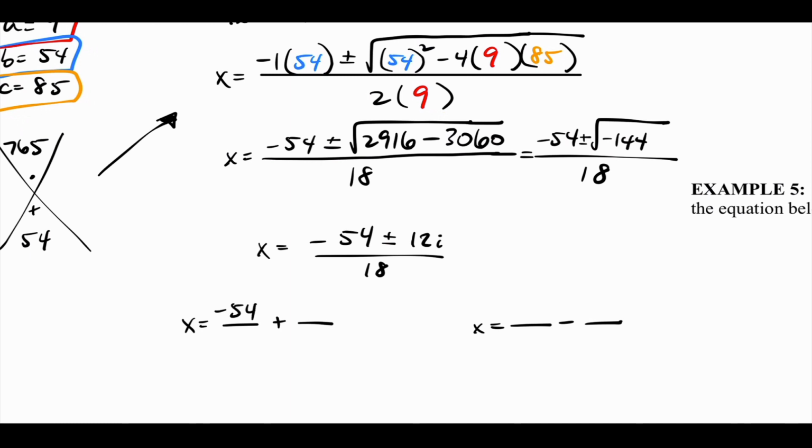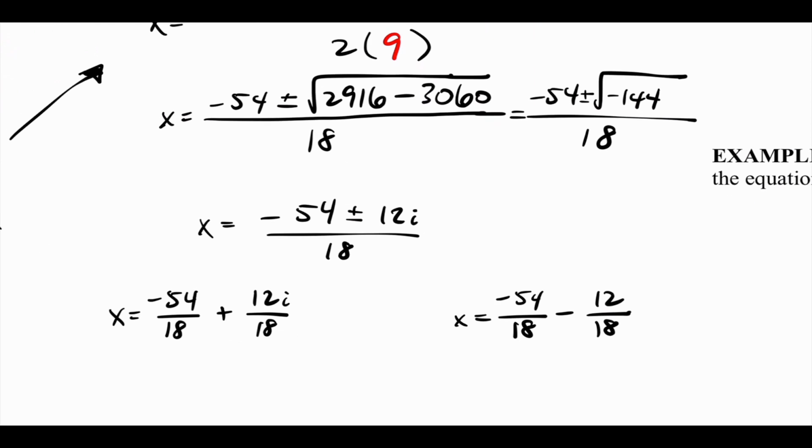Negative 54 goes first, 18 goes under it, and then 12I and 18. Last step, if you can divide, divide. If you can reduce, reduce. 18 actually does go into 54 evenly. 18 times 3 makes 54. So this is going to be negative 3.